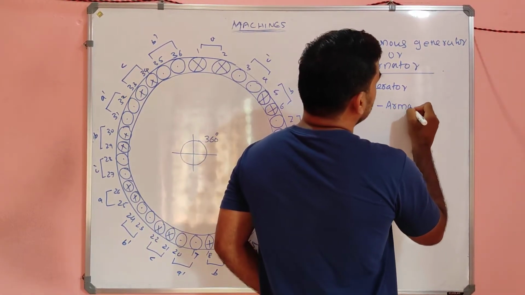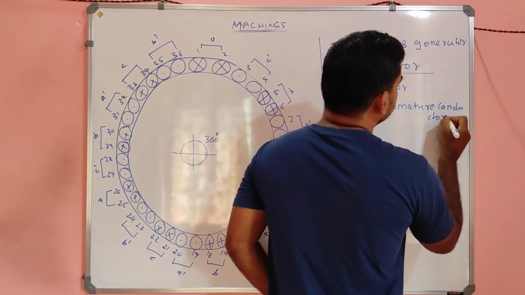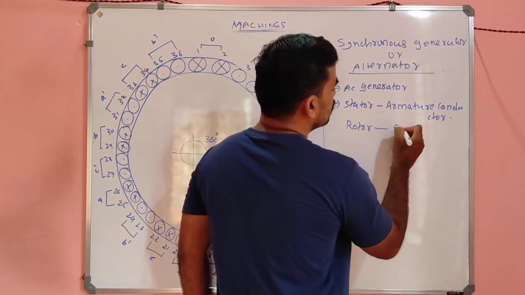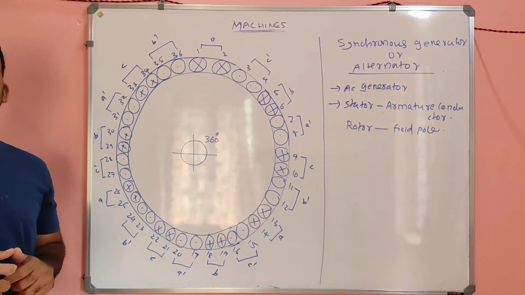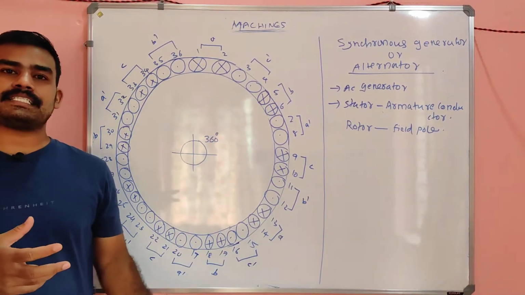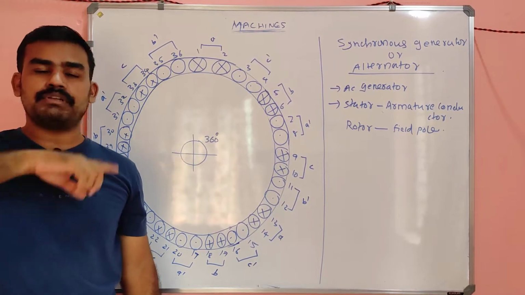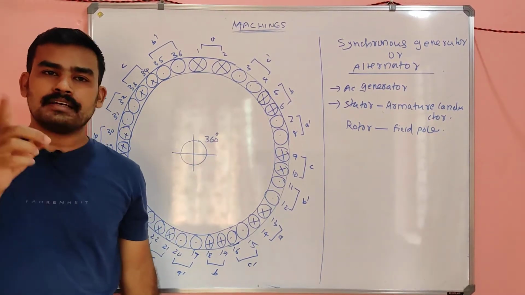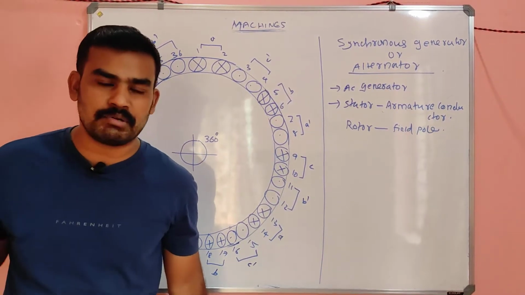The stator is the armature conductor, and here the rotor is nothing but the field poles. In the DC machine the field poles were stationary, and in between the stationary field poles there were armature conductors rotating clockwise or anti-clockwise.